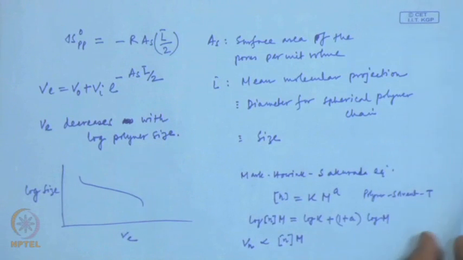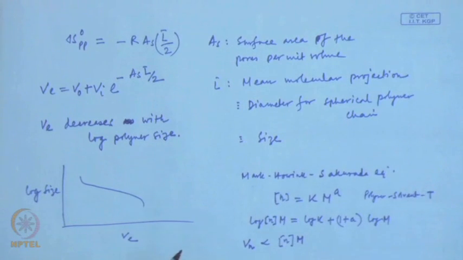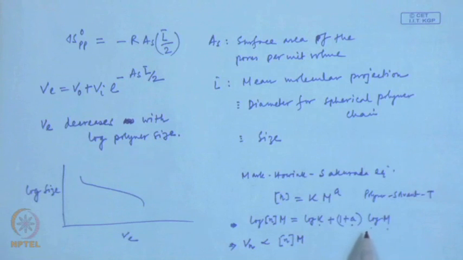Hence, if K and a remain constant, log M should linearly decrease with elution volume V_E.